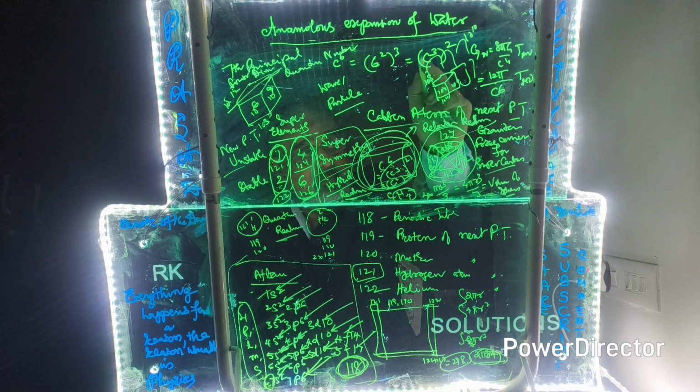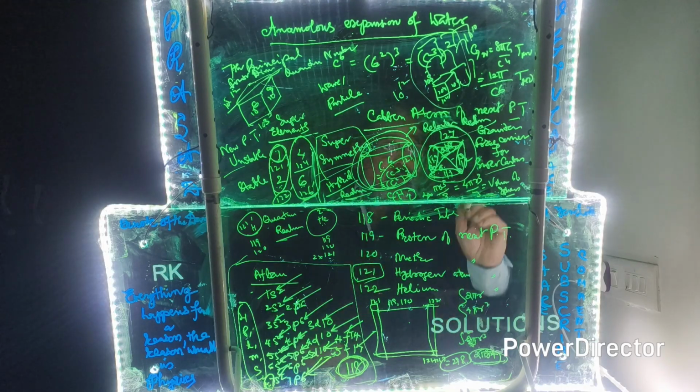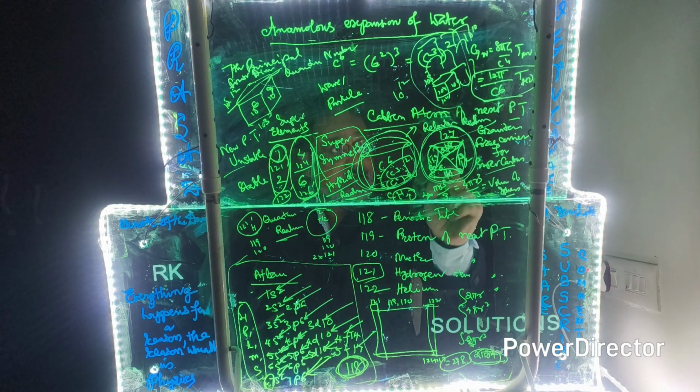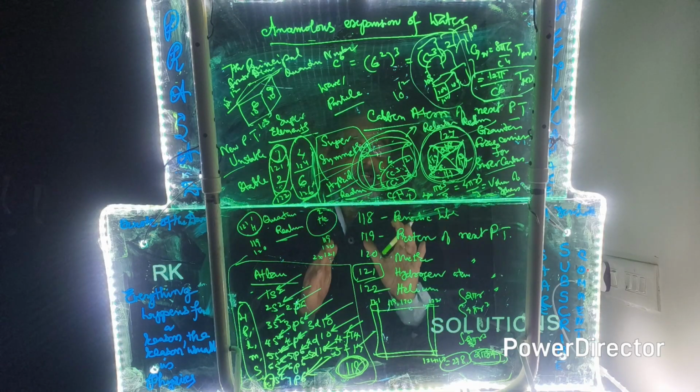The whole thing will then become 10 raised to 12. That 10 raised to 12 you should take, and 12 pi by c raised to 6. If you divide this whole thing, the energy, by c^6, then you will get the perfect hybrid system.